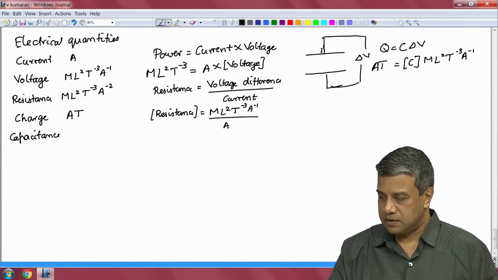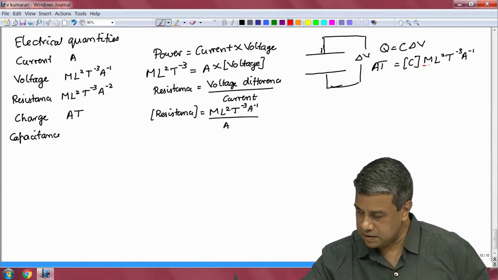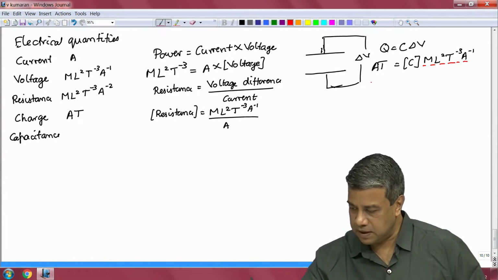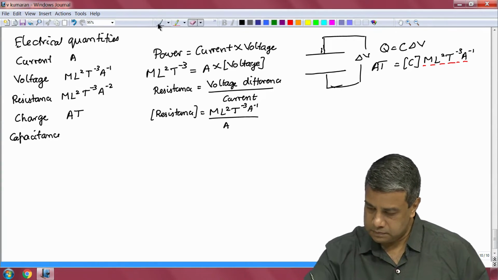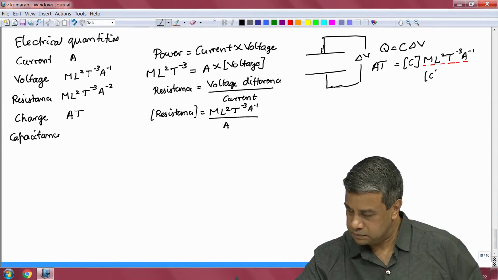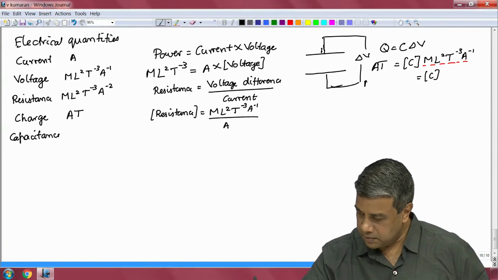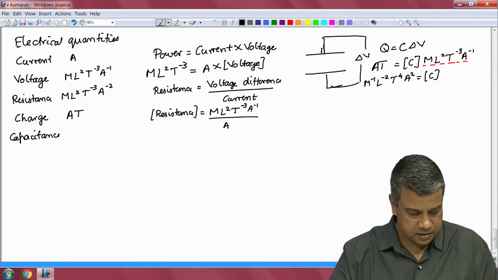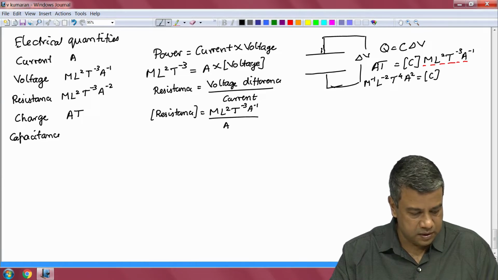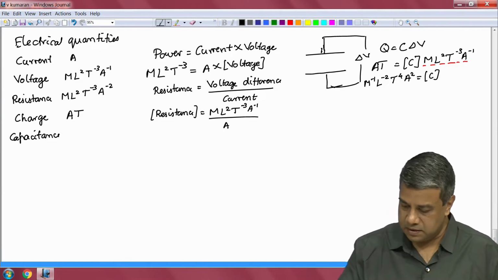So, therefore, I divide throughout by this dimension of voltage, and I will get that the dimension of capacitance is M inverse L power minus 2 T power 4 A square. So that is the dimension of capacitance.